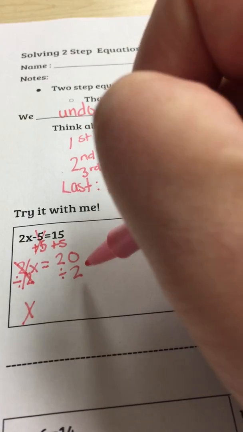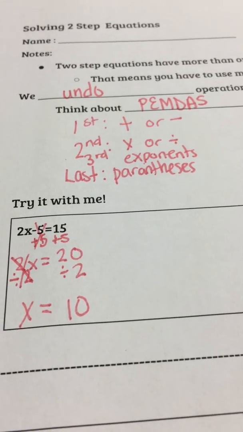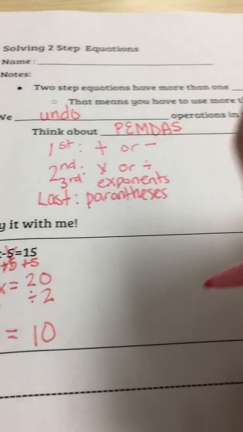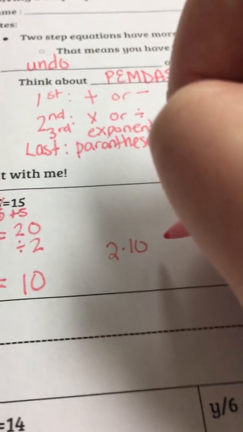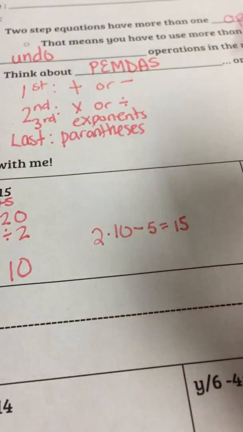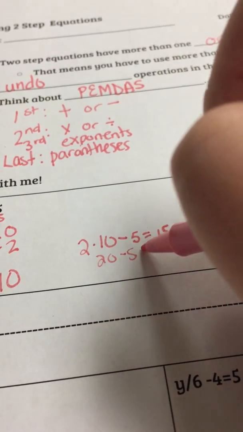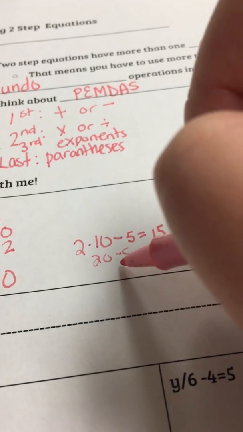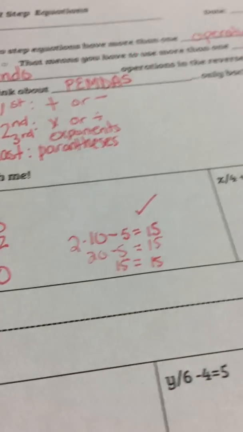On this side, 20 divided by 2 gives me 10. x should equal 10. Again, I can go back and check that. I would have 2 times 10 minus 5 equals 15. 2 times 10 is 20. And 20 minus 5 is 15, and 15 equals 15. That checks out.